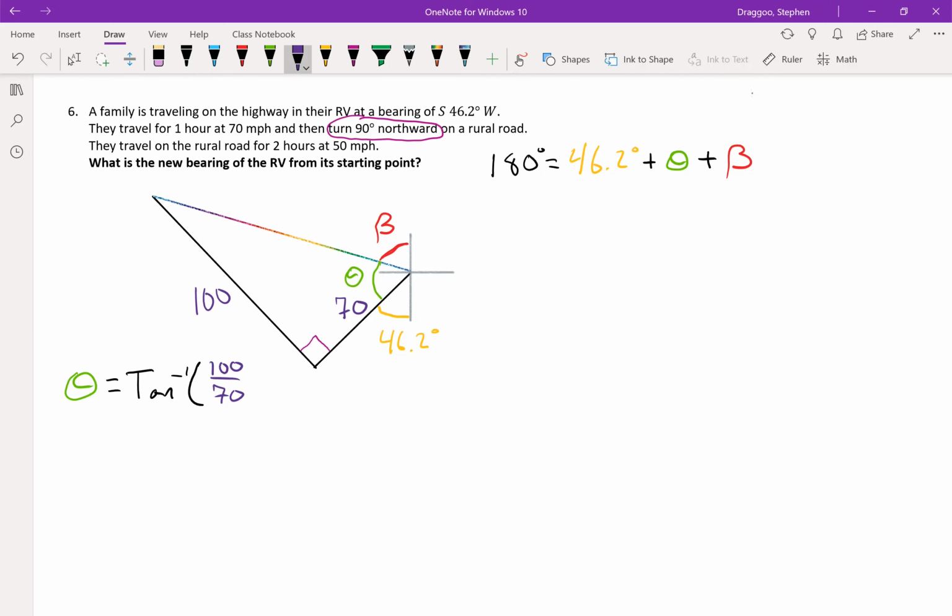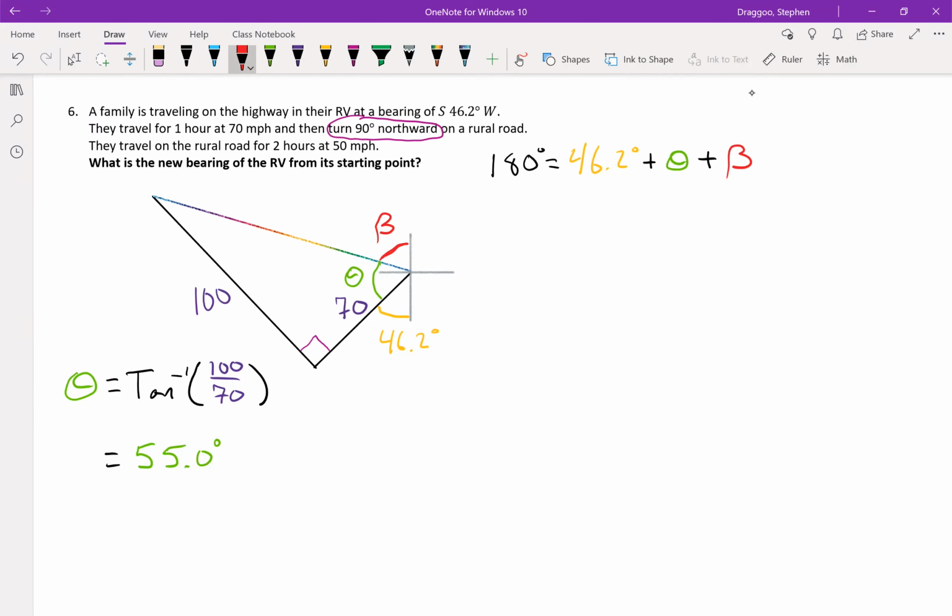Or you could simplify that to 10 over 7 if you felt so inclined. Either way, in a calculator, making sure that we're in degree mode, I got 55.0 degrees.